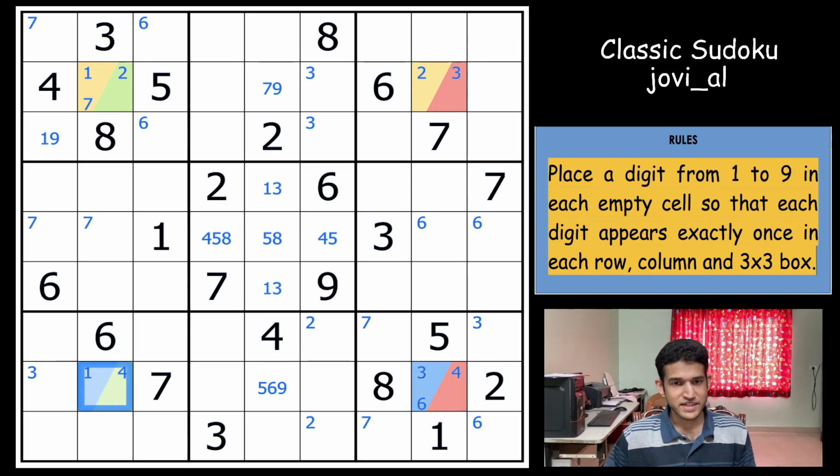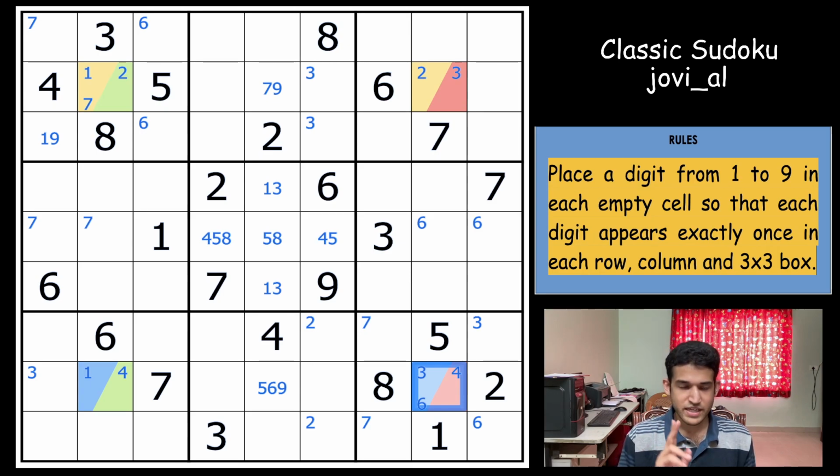This is fantastic, guys. You can see here that 1, 2, 3, 4, we have to mark in these 4 cells, right? So all of 1, 2, 3 and 4 have two possible locations, which means that these 4 cells cannot take any other digit except 1, 2, 3 and 4. That is because each of these digits has only two possible locations, and there are exactly 4 different digits, 1, 2, 3 and 4, and exactly 4 different cells.